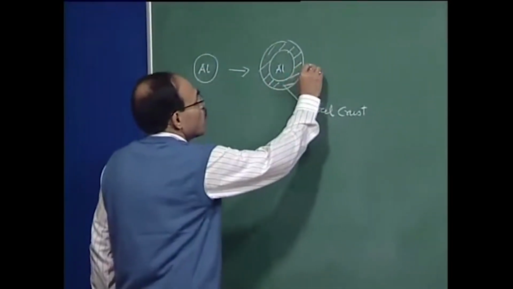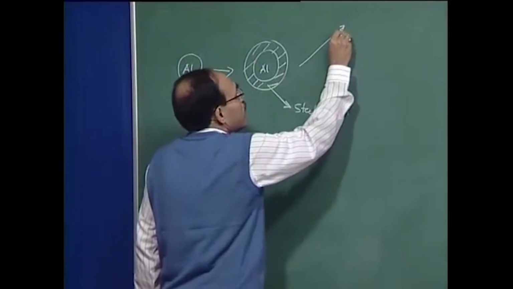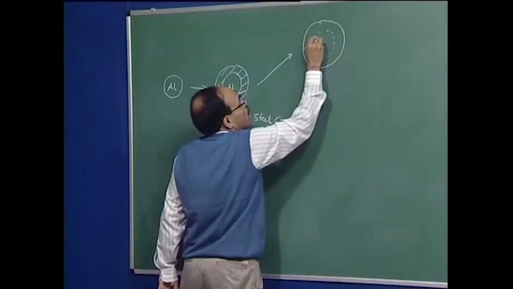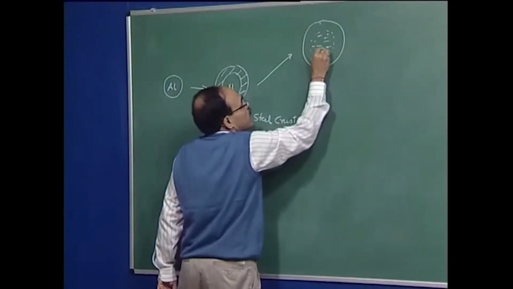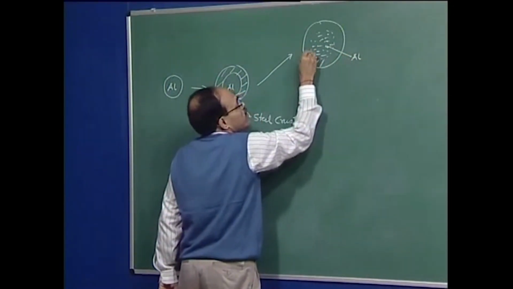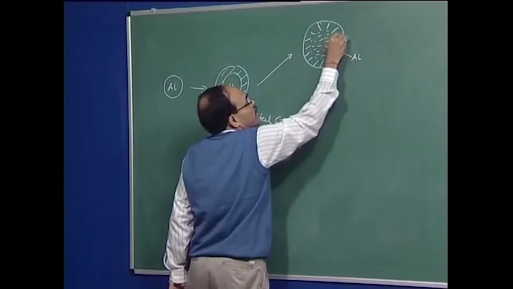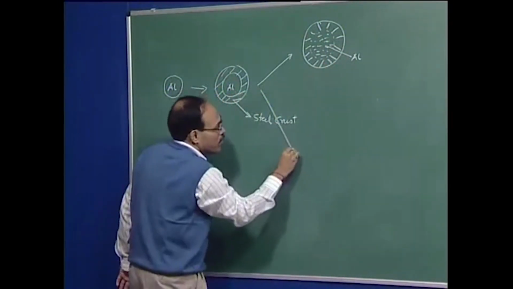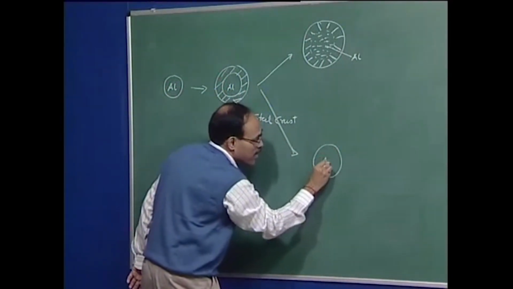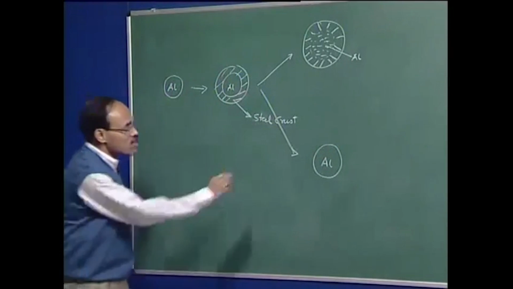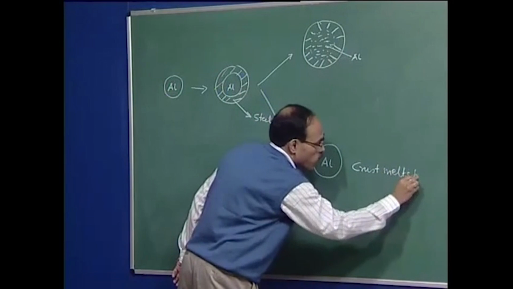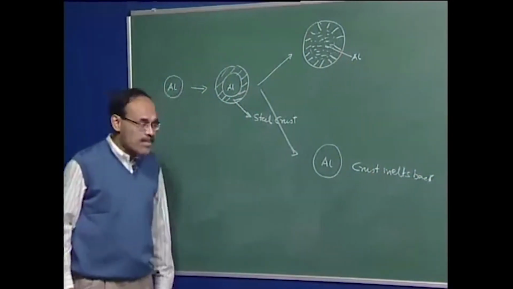Now, there are two possibilities. Within the crust itself, we can have the aluminum already melted. This is one possibility, and this we say is aluminum, and this is the solid crust. The other possibility is that the crust melts back and the solid aluminum is released.